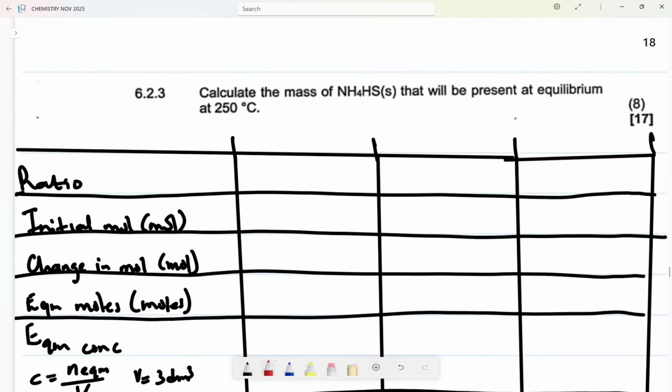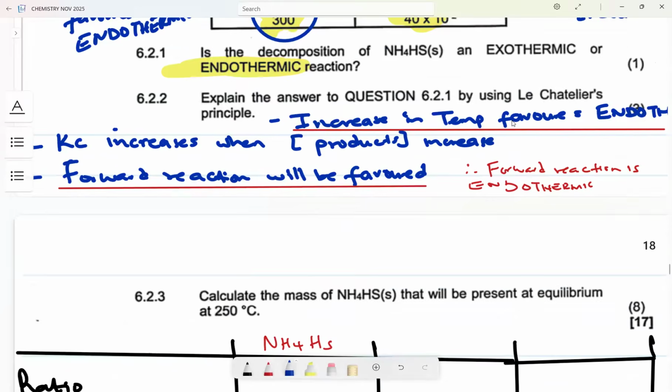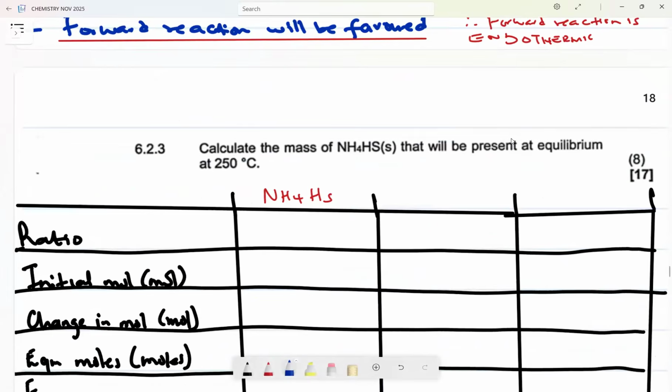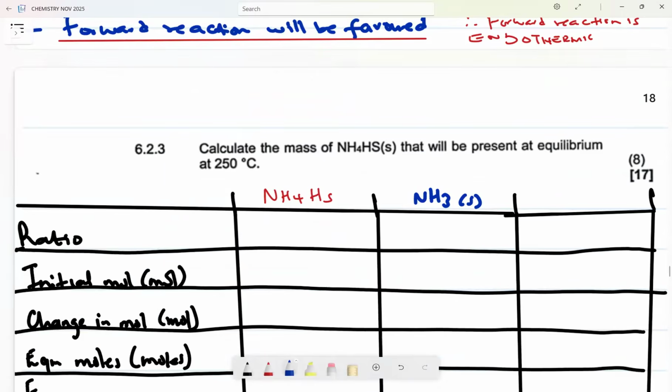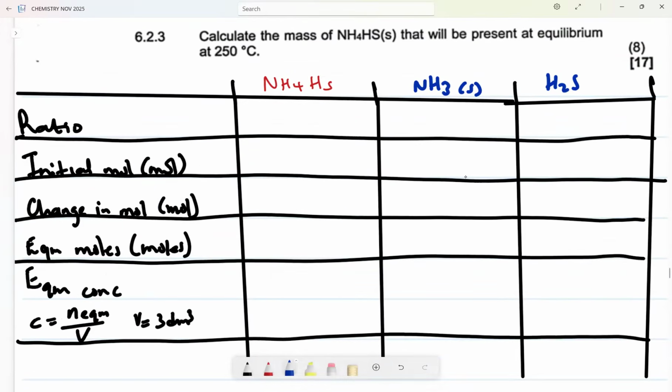I'm going to write this in red, so I'm going to scratch it out after using it, okay? And then here we just have NH3 plus H2S. So the ratio for all of these is 1:1:1.